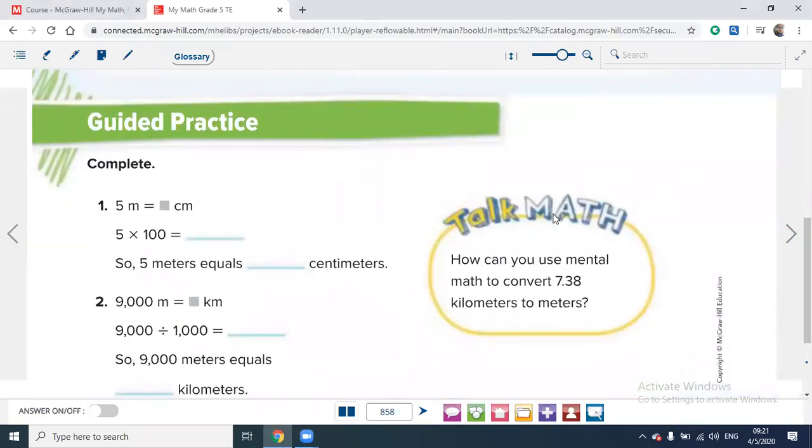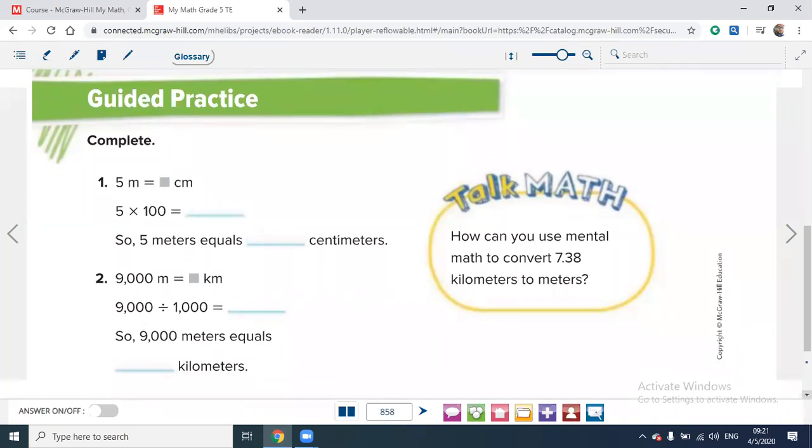Complete number 1. 5 meters equal how many centimeters? You can follow the steps. You have to convert from large unit to small unit. What is the relation? 1 meter equal how many centimeters? For all of you, 1 meter equal how many centimeters?